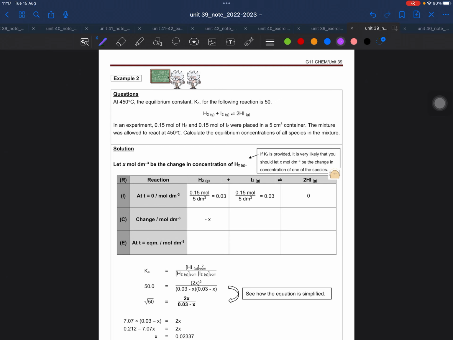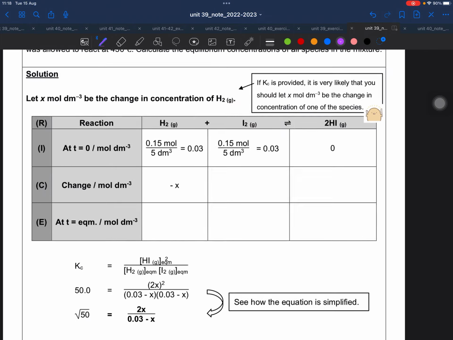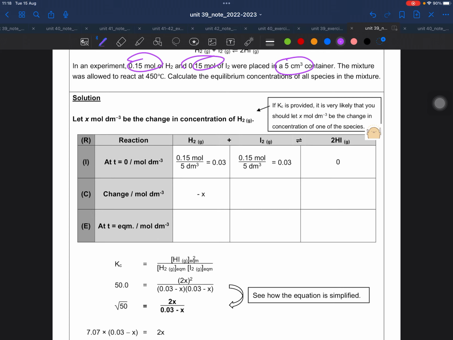Let's do a more complicated one that combines the number of moles, volume, and the value of Kc. So let's start our job. Given this, there's again minus x, positive 2x, because this time the mole ratio looks a bit complicated, right?